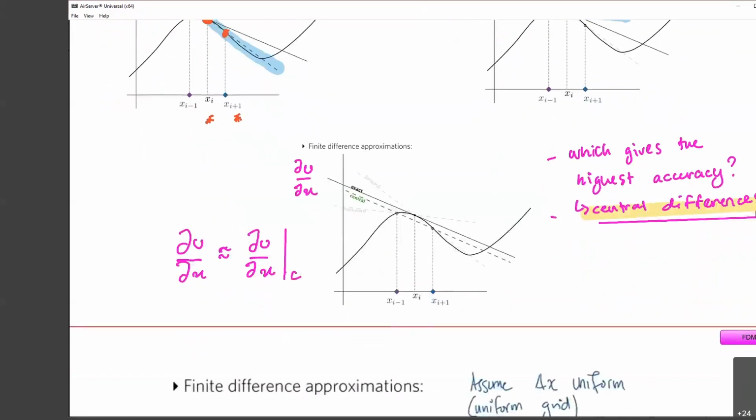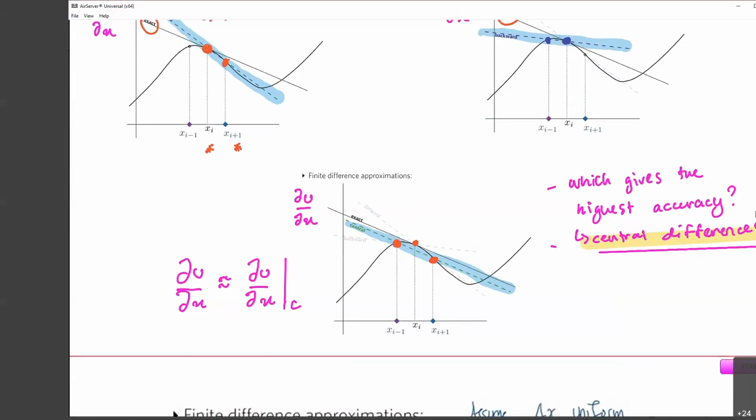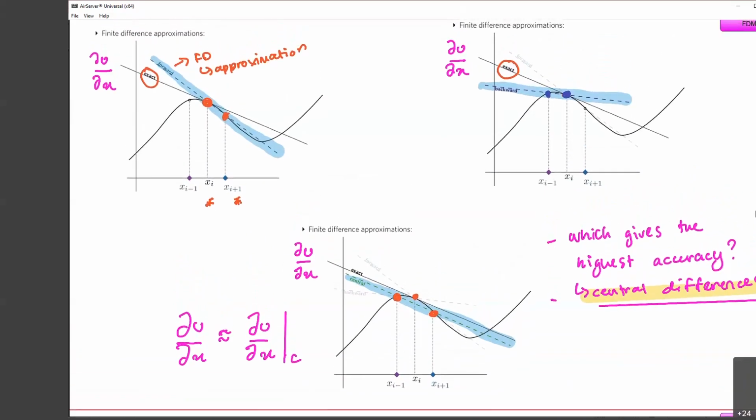And for the last one, the central difference, this is the exact plot, and the central line basically goes through these two, x minus 1 and x plus 1. Please take a few moments to understand what those lines refer to.